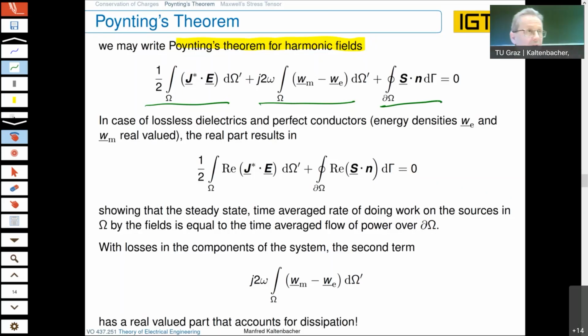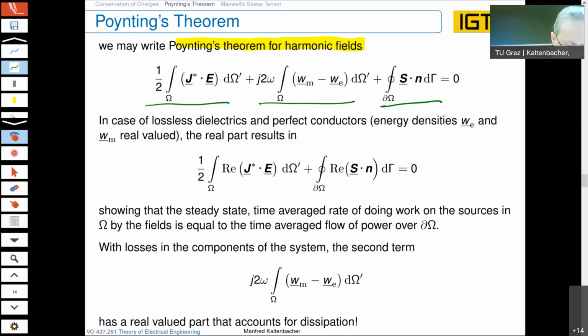If we have lossless dielectrics and perfect conductors in this sense, meaning that we can neglect any losses in coils, for example, or in capacitors, then clearly our energies there will be cancelled out.